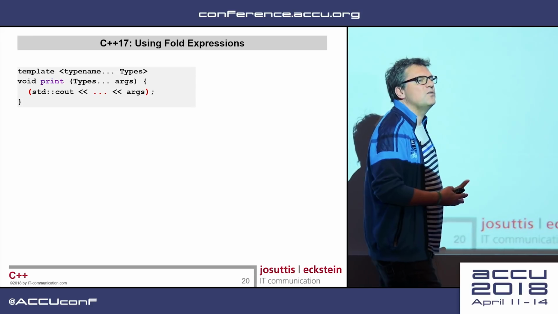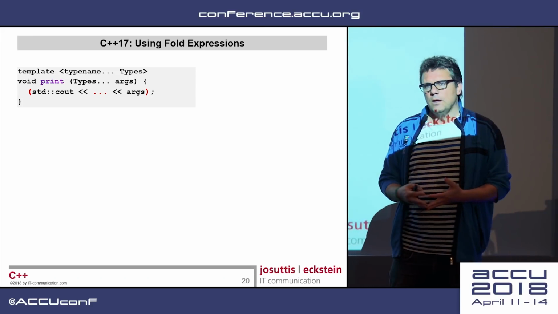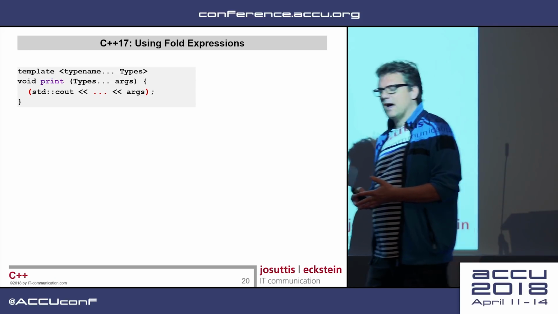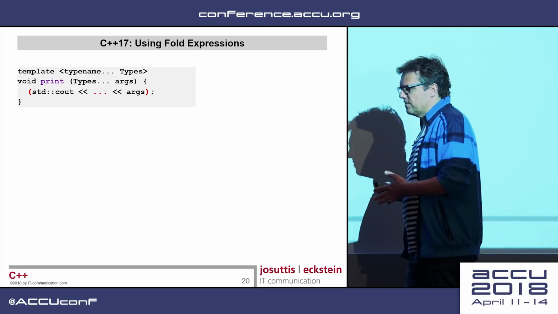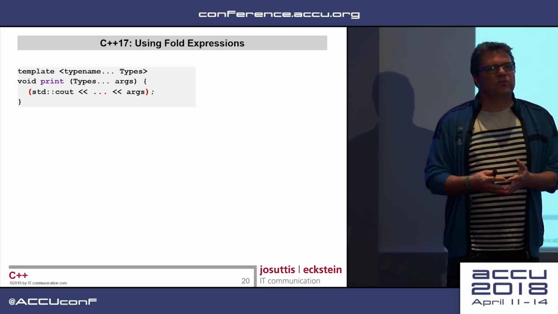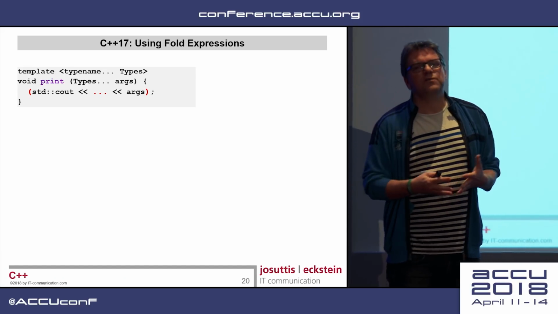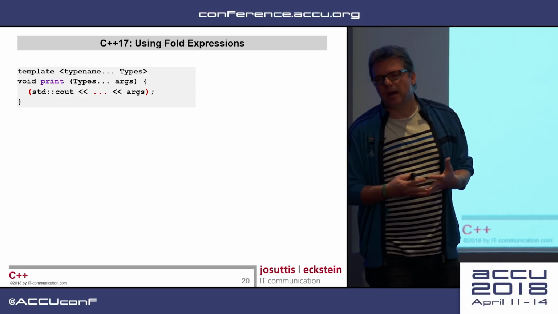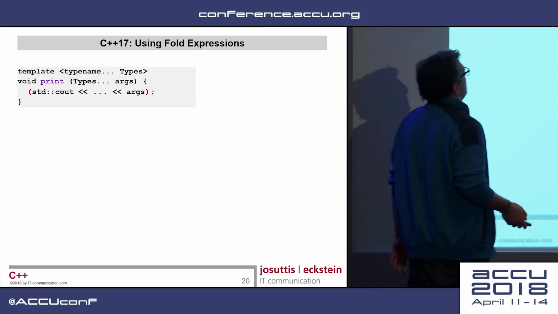Okay. So now we have C++17, and code like this is pretty boring to write. So we have introduced fold expressions. Who's familiar with fold expressions? About half of you, or not even the half. This is a new feature in C++17 to be able to avoid the recursive application of operators on all the passed function arguments.